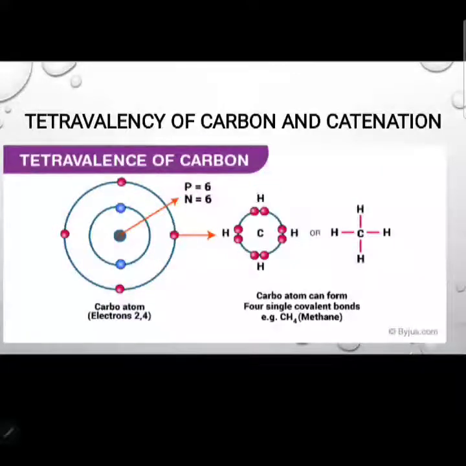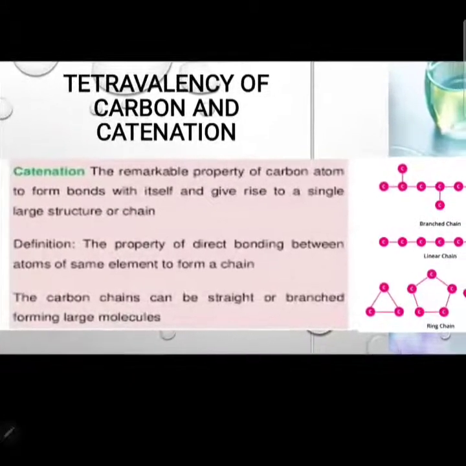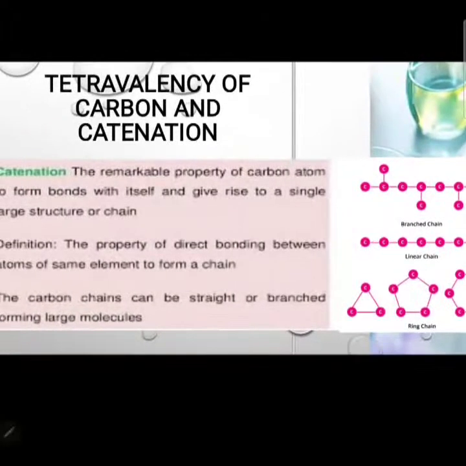Having done tetravalency of carbon, we'll move over to catenation. Catenation is a very simple term. Catenation has to do with what my source called the remarkable property of carbon, but I like using the word unique property of carbon to form bonds with itself and give rise to a single large structure or structural chain. It is only carbon that can form bonds with itself like this.